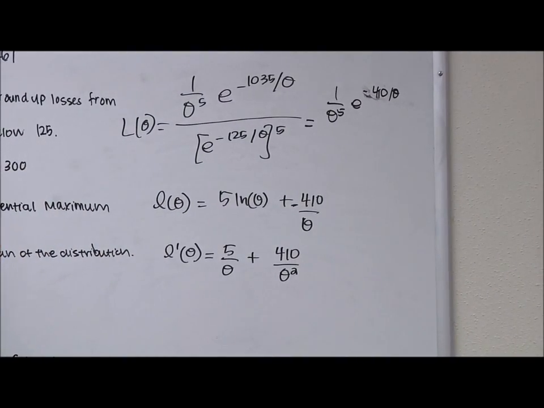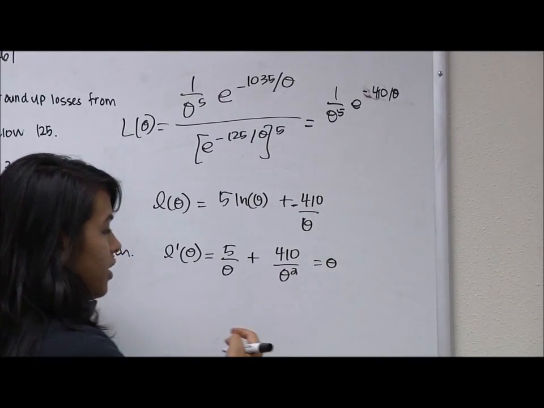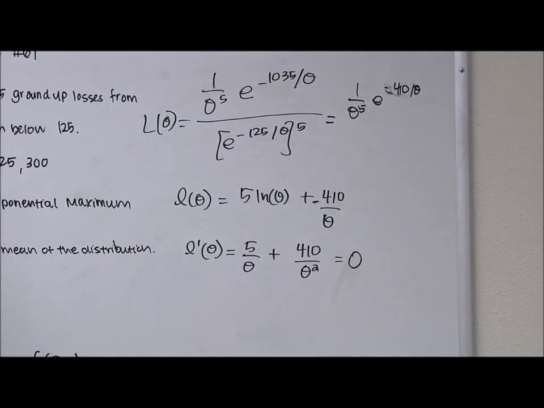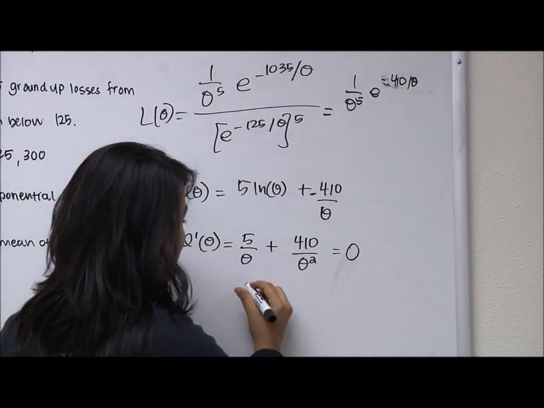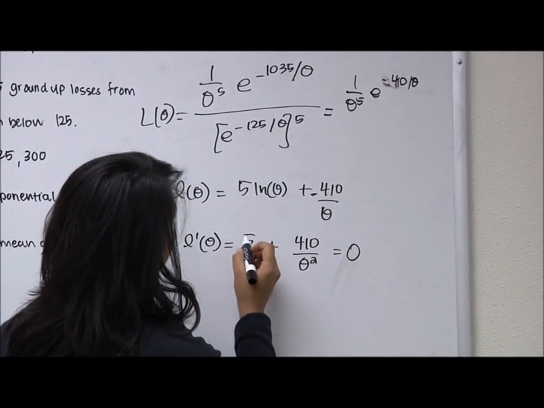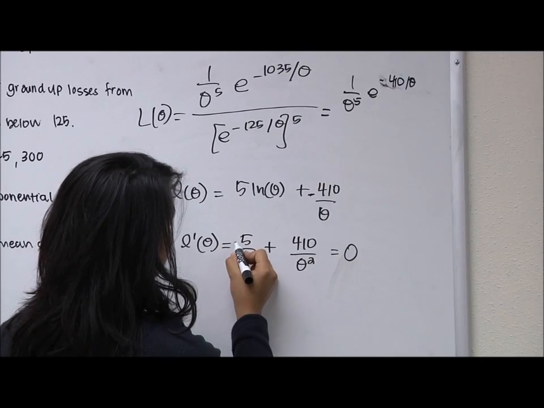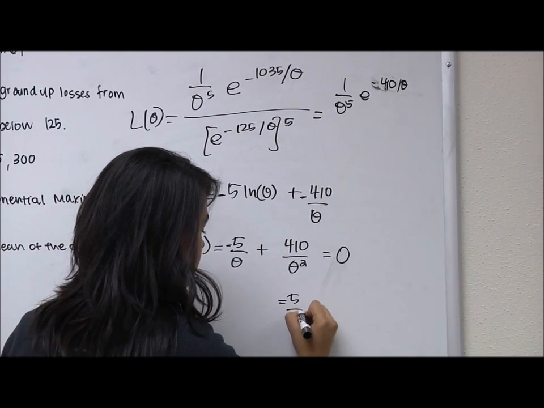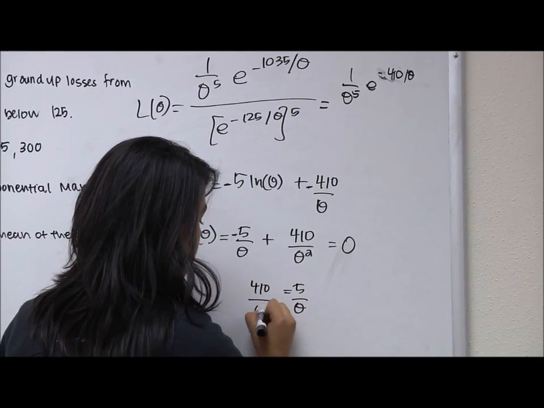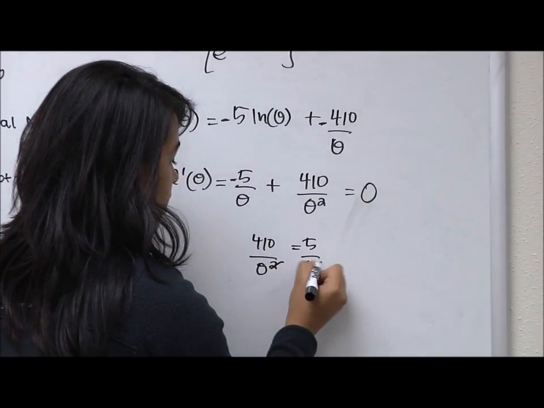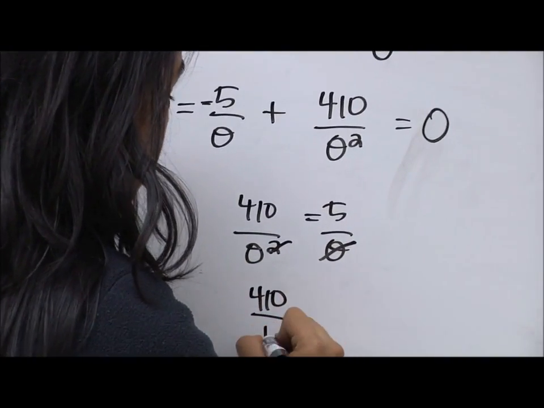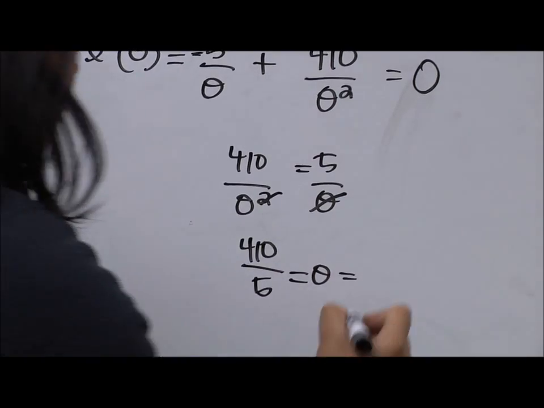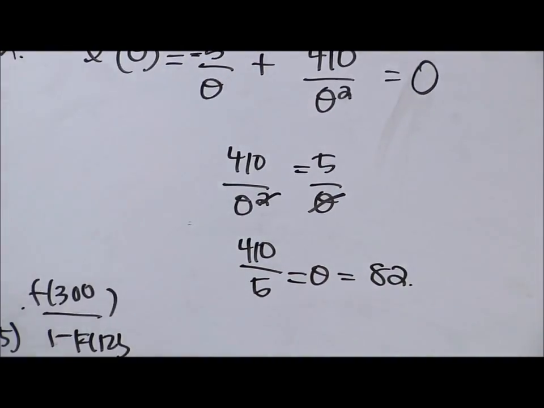And then by maximizing this, you'll set it equal to 0 and find the value of theta at which it's maximized. So that turns out to be, sorry, I forgot a negative sign. And so it's, and then distribute that. Theta equals 82. And that's your answer.